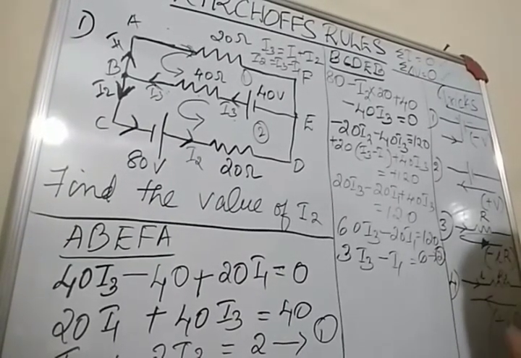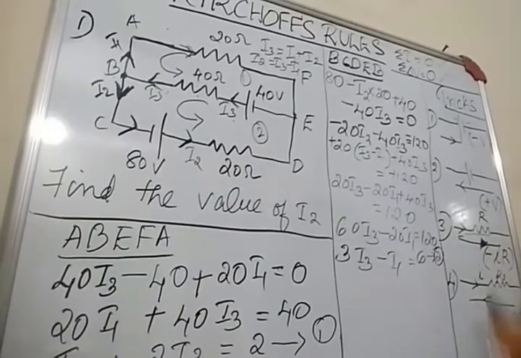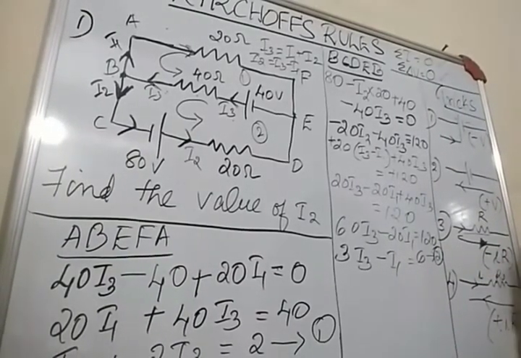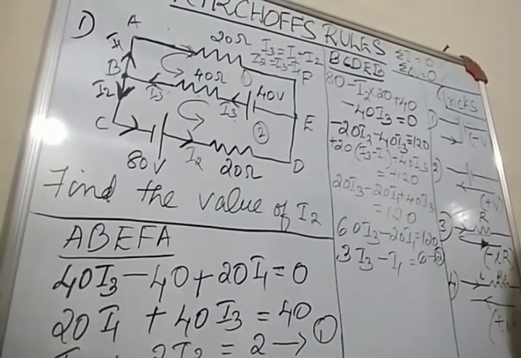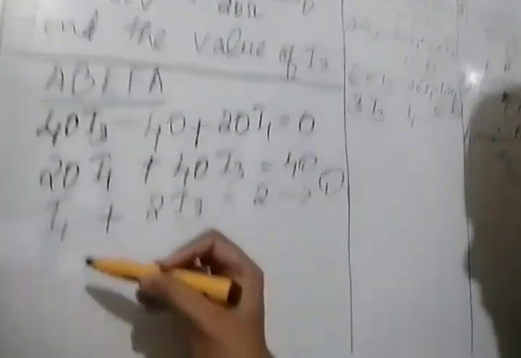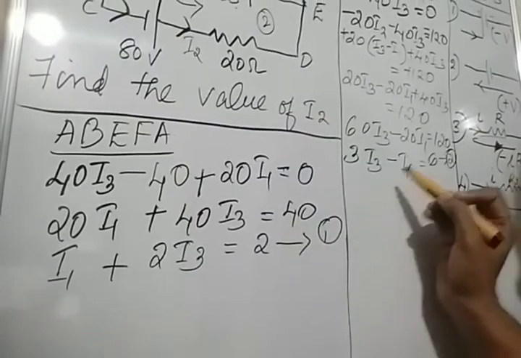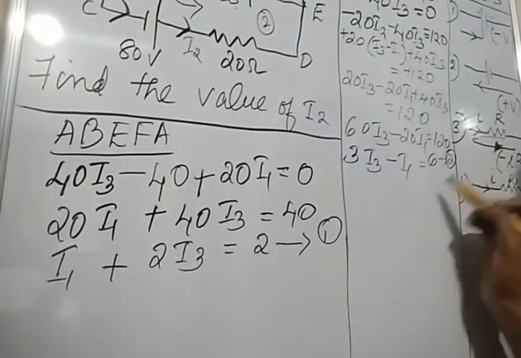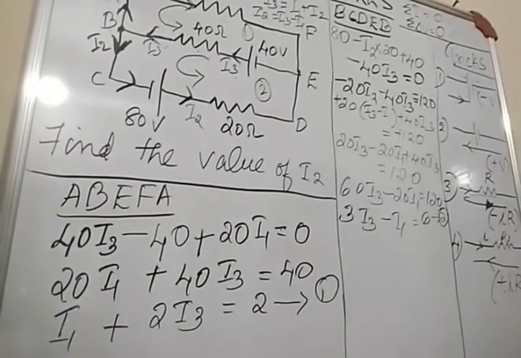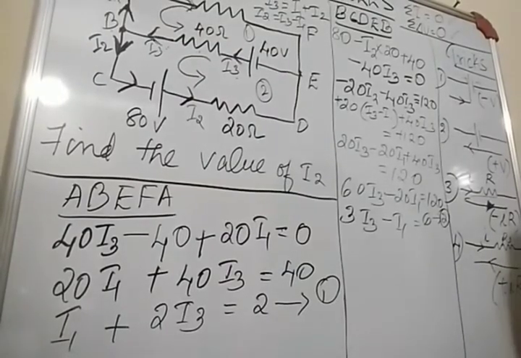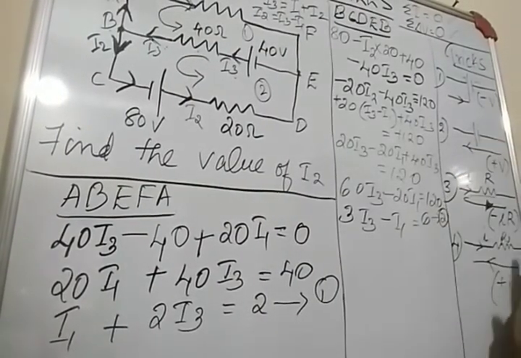Children, be ready with your pen and paper. Just follow along with me. Now we got two expressions: the first is I1 plus 2 I3 equal to 2, and 3 I3 minus I1 is equal to 6. So I am going to rub all these things and let me just start in a new way.